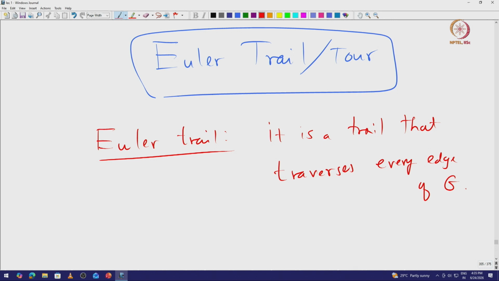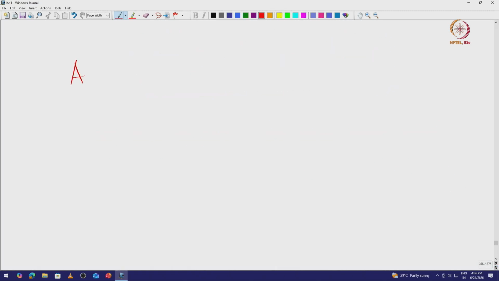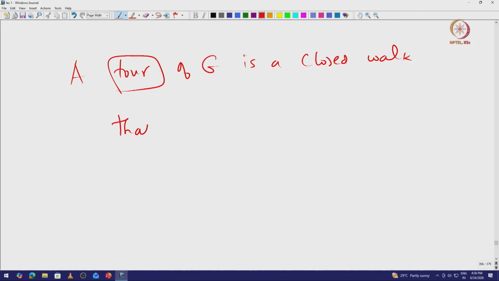What is an Euler tour? A tour of G, first of all, is a closed walk that traverses each edge of G at least once.